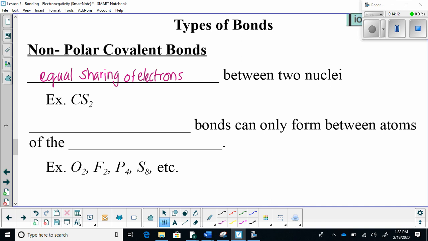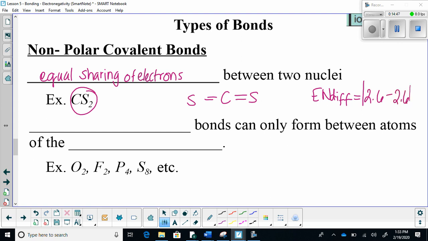So if we're looking here at this example, carbon, which is attached to two sulfurs, we know that the electronegativity difference is equal to the big electronegativity minus the small electronegativity. So for carbon, what is the electronegativity? 2.6. What about sulfur? 2.6.